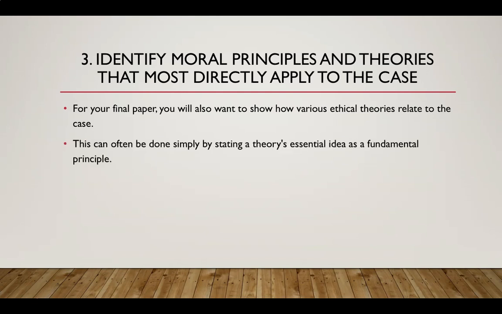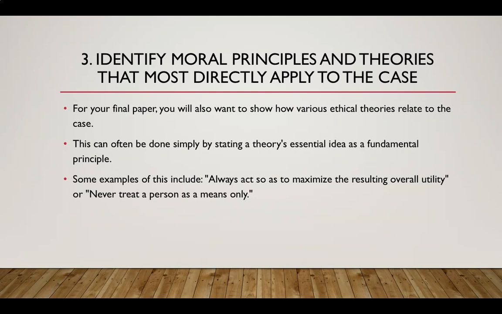This can often be done simply by stating the theory's essential idea as a fundamental principle. As we're going to see, some examples of these fundamental principles can include things like always act so as to maximize the resulting overall utility, or never treat a person as a means only. What these principles mean and how they apply to these ethical theories will start to make sense once we get to dig into these ethical theories in a few weeks.